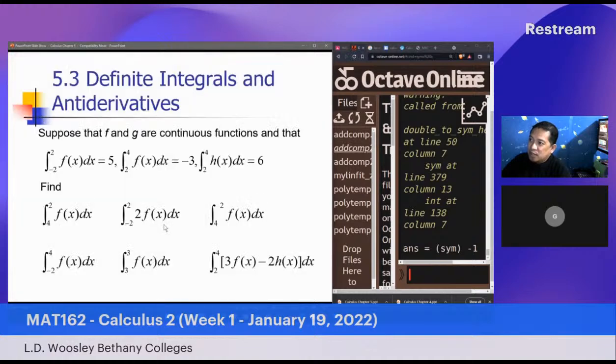Okay, suppose f and g are continuous functions. Yan. Binigay yung sagot. Definite area, oh. Binigay yung sagot. So, paano natin siya suppose f and g are continuous functions and that.